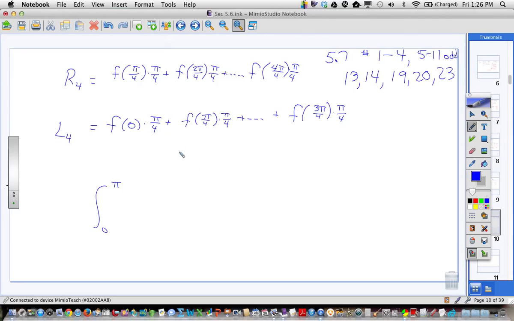And so we wrote the sigma for this one, and it went 1 to 4. Like that. And then what was in here? Right? So it was that. Now, what would the left one have looked like then?